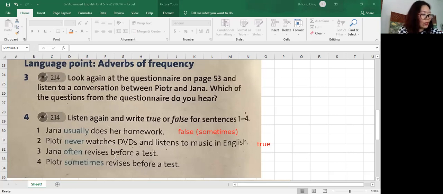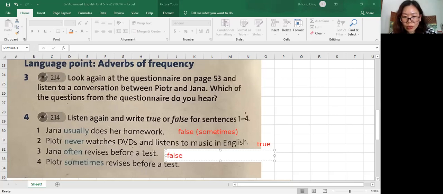Okay, so guys, we can write down: Jana often revises before a test. She says never, right? Right. So this is false, right? False. The correct answer is never.